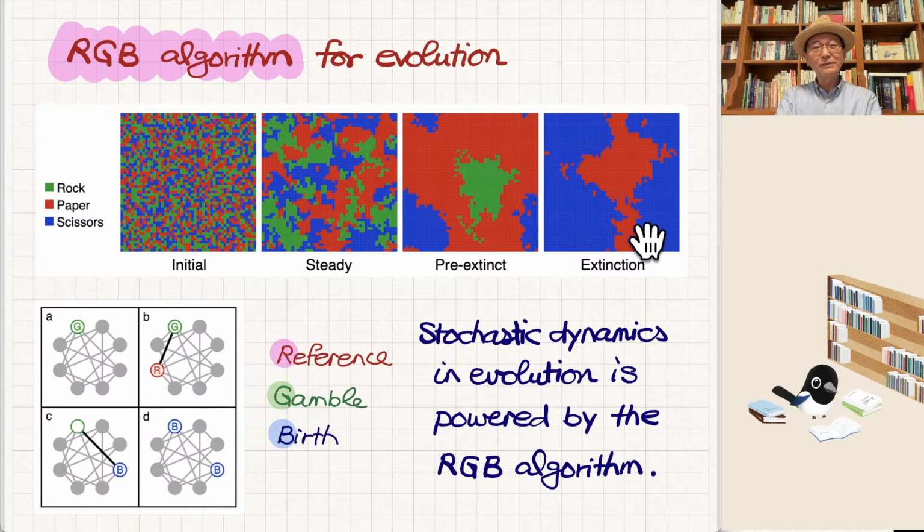So at the end of the day, when paper declares victory over rock, so the rock disappears, who is the true winner? The true winner is not paper, the true winner is scissors, because no one can eat scissors anymore. And so the scissors will eventually take out paper and then wipe out the whole ecosystem.